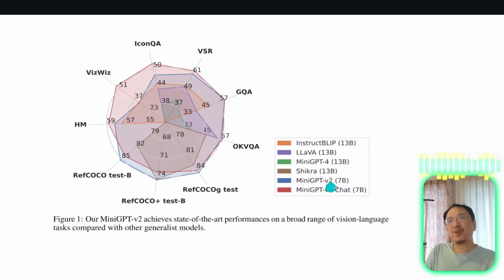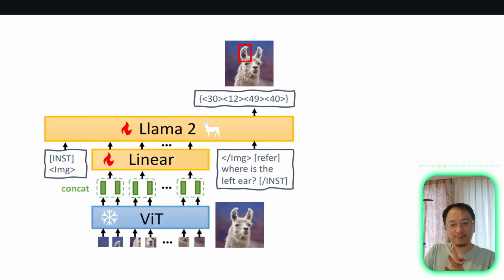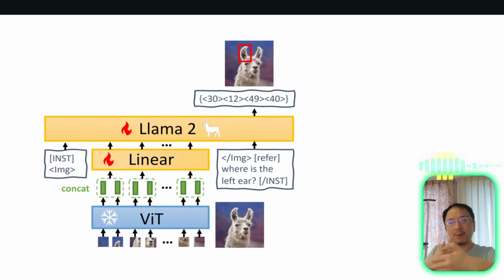The special point of MiniGPT-v2 is that it is multitask training. It constructs a dataset to be multitask, and it trains with multiple objectives.